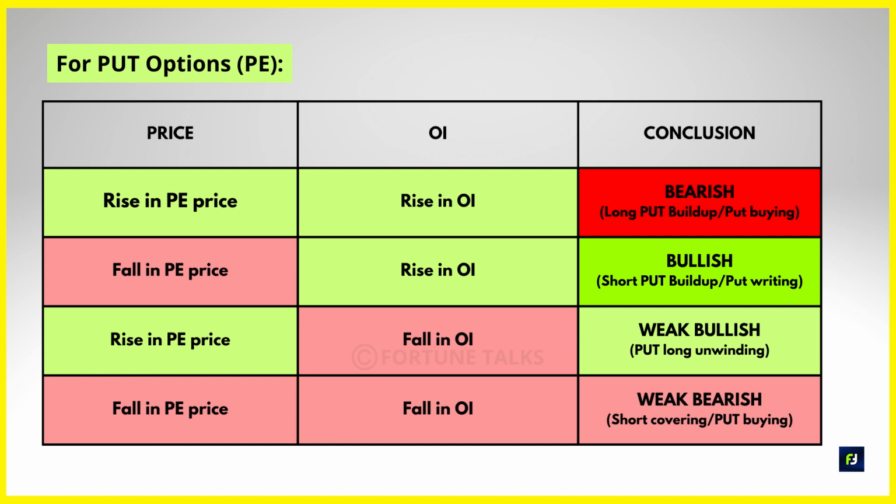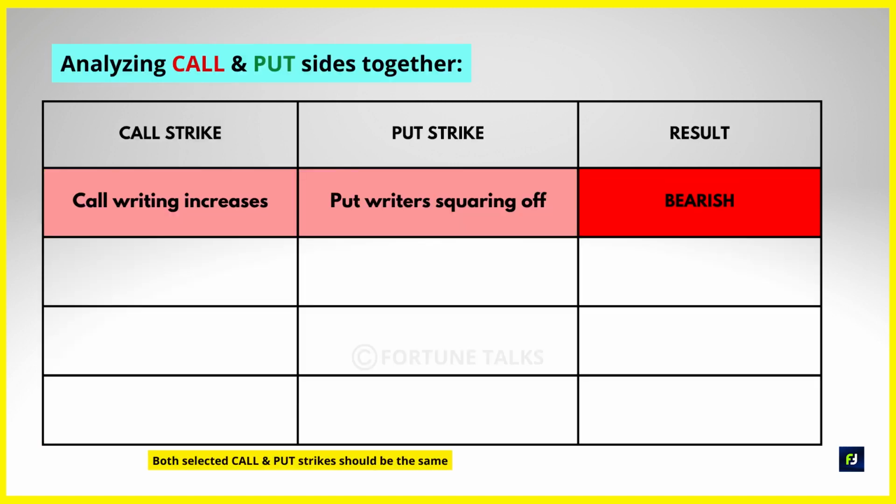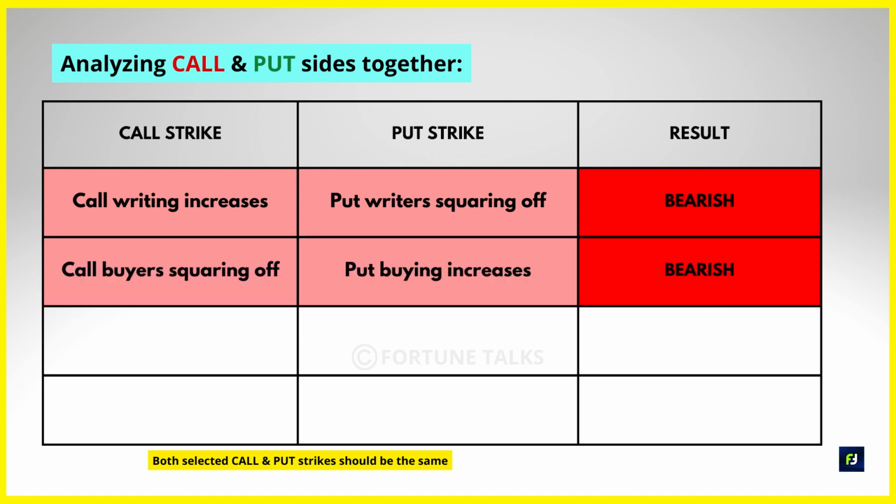Now let us combine both calls and puts and try to make a relation out of them. So if a call option writer is adding or increasing the position and a put option writer is exiting or decreasing their positions, this indicates a bearish sentiment. Now, if a put option buyer is adding more positions and the call option buyers are exiting, squaring off or decreasing their positions, this also signals a bearish sentiment.